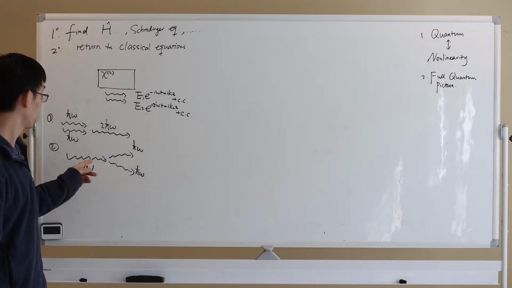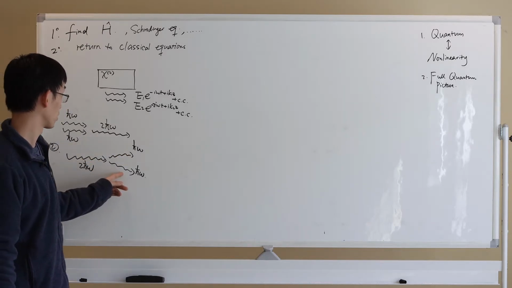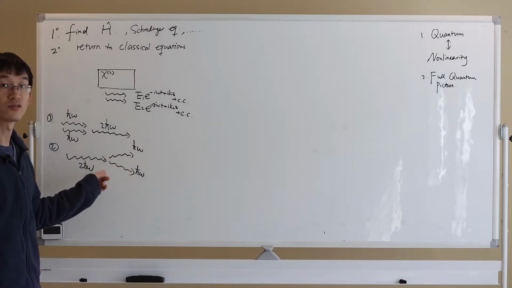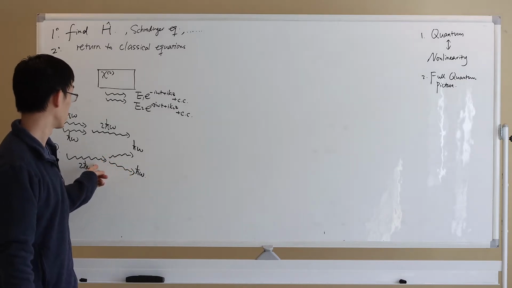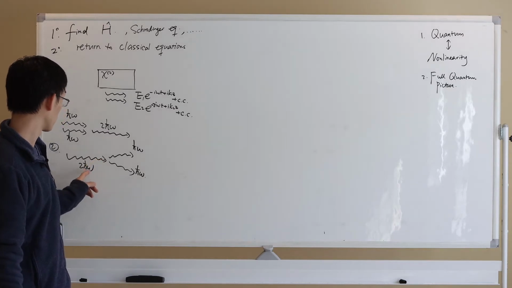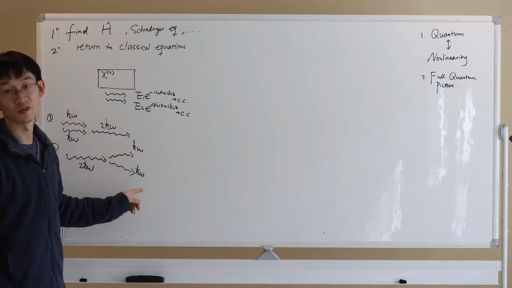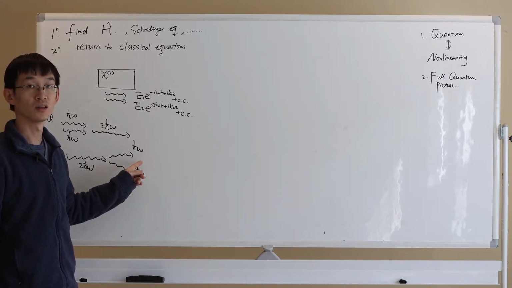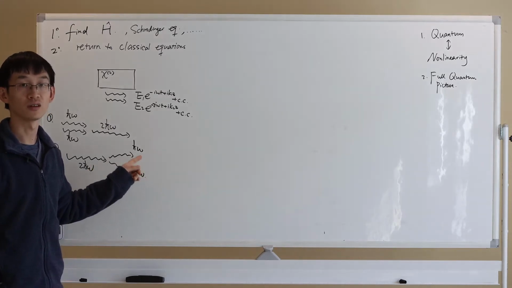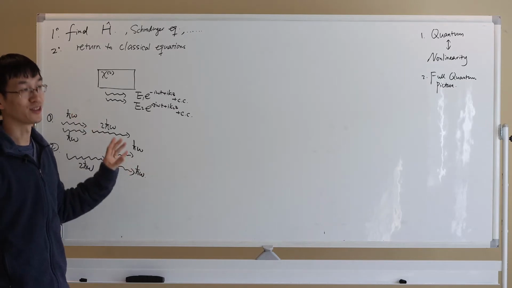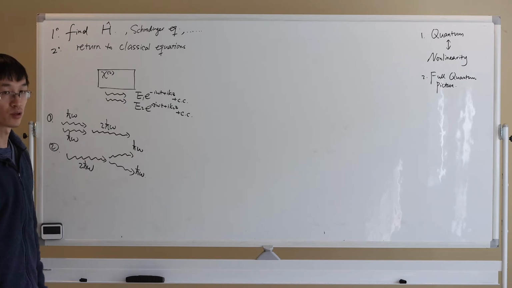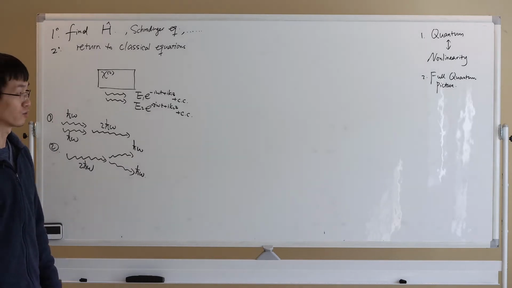If this process is dominating, it is a special case of difference frequency generation: 2 h bar omega minus h bar omega gives you another h bar omega. This is sometimes called degenerate parametric amplification, or degenerate difference frequency generation.